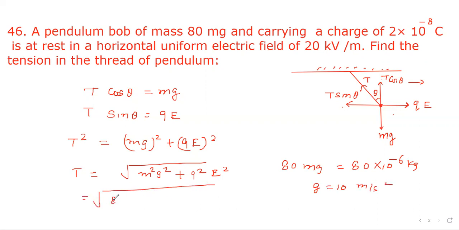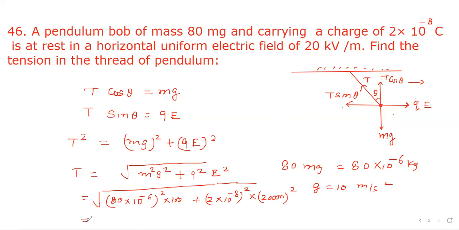So 80 into 10 to the power minus 6 whole square times 100 plus q square. So q is 2 into 10 power minus 8, 2 into 10 to the power minus 8 square times electric field. So that is 20 kilovolts, that is 20,000 volt square of it.